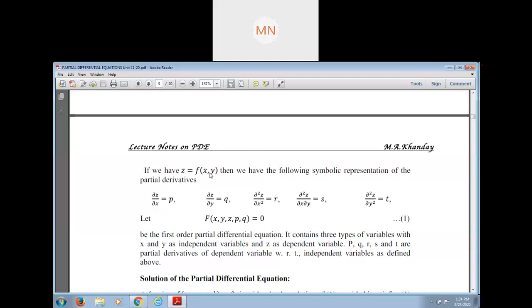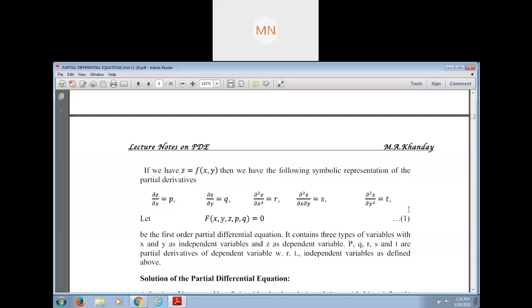Here x and y are independent. Suppose we write del z by del x, where we differentiate z with respect to x. This one is p and this one is q and so on. So this is represented by a first order partial differential equation.